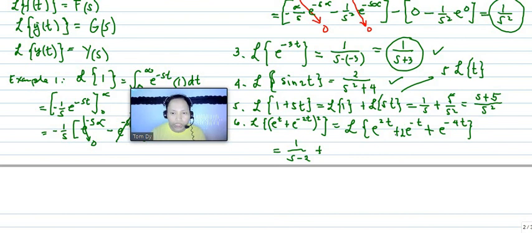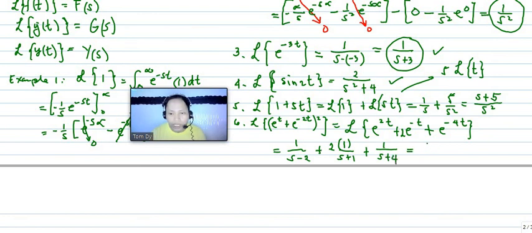Plus, of course, you have here a number 2. And then e raised to negative t is similar to this one. We have here 2 times 1 all over s minus negative 1, so negative times negative is positive 1. And then plus e raised to negative 4t, so 1 over s minus negative 4, that is positive 4.